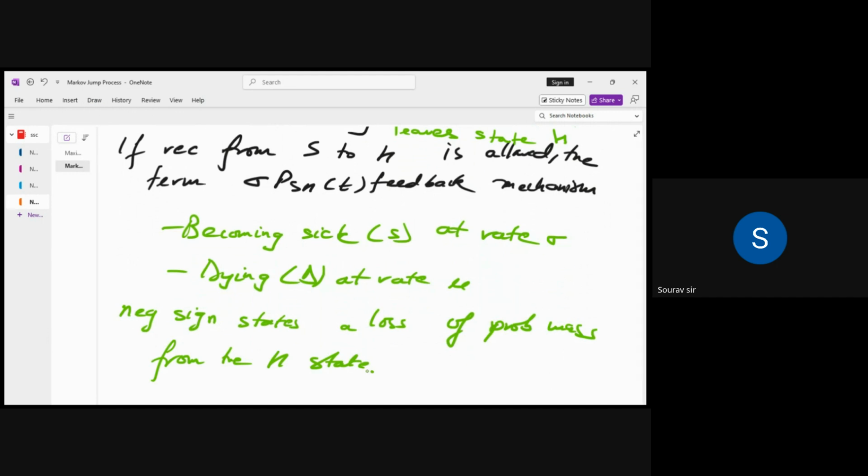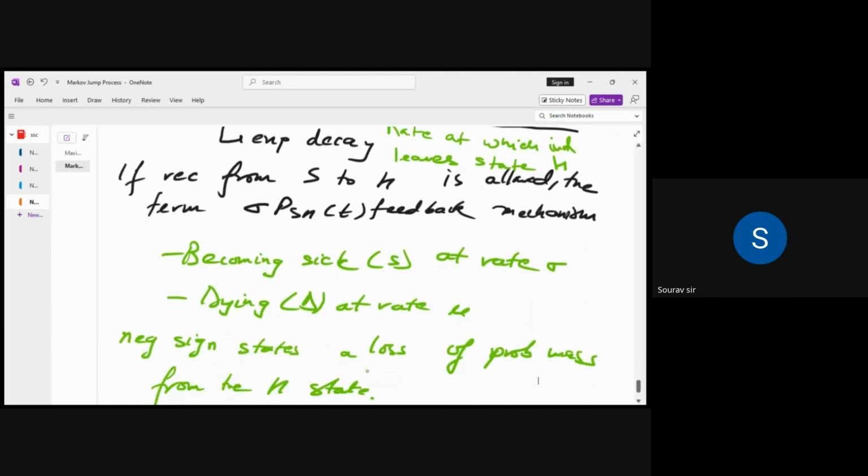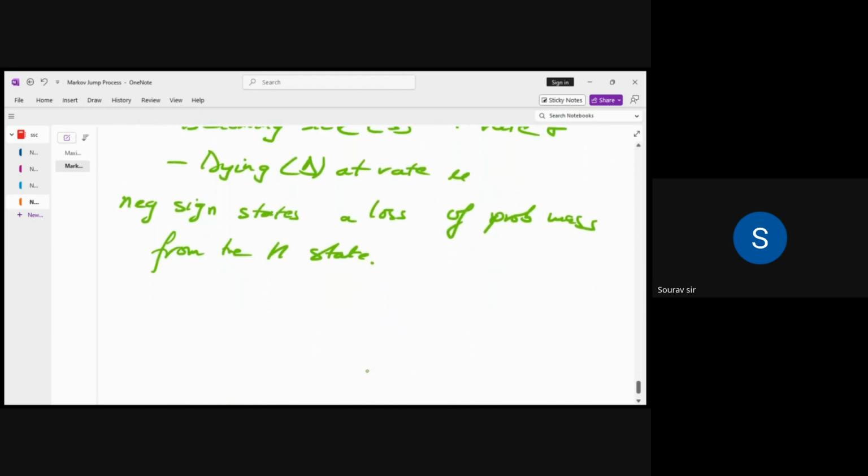This is this one. Now we have a different part also, that is the P_SH(t) term.